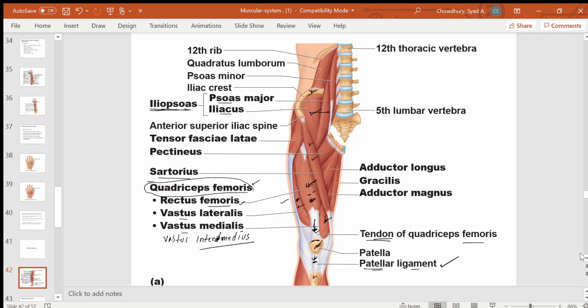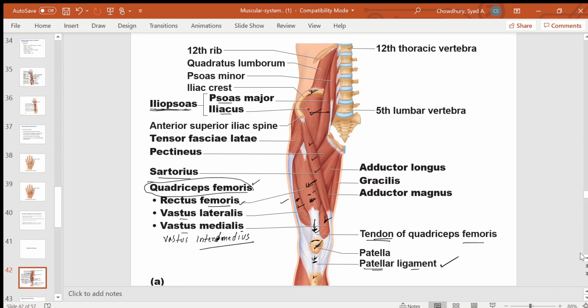So you see in the front, the quadriceps group, those four muscles, are the main muscles. However, you have sartorius that crosses the thigh, right? And in the very upper part, you have the iliopsoas. And in the medial side, you have adductors.